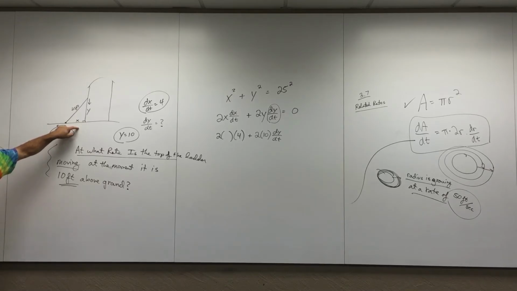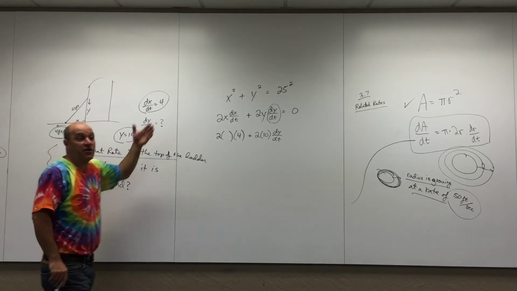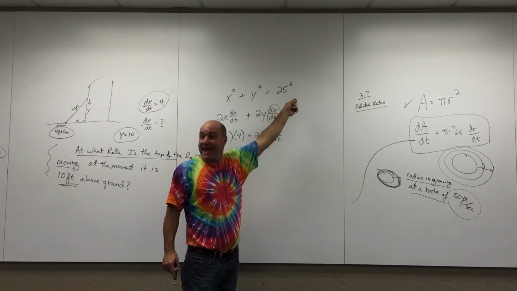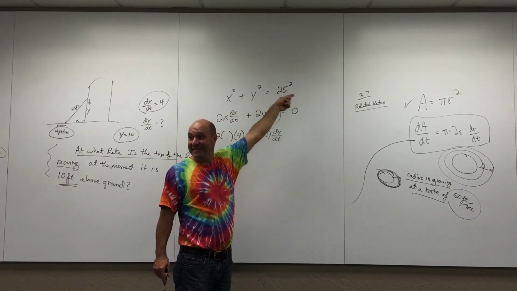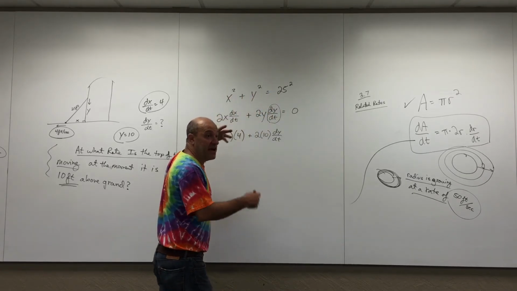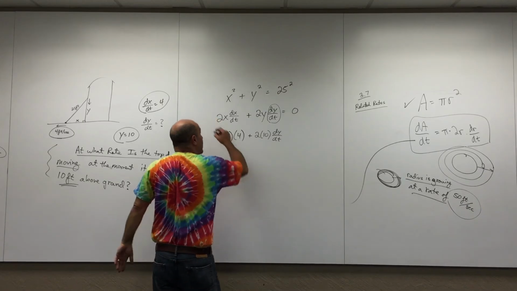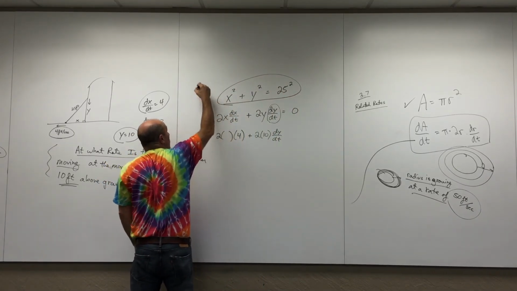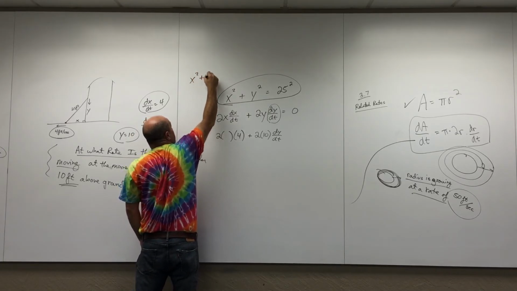Can I find x? Sometimes the original equation helps you. If y is 10, you can find x at that moment. So sometimes you need that original equation to get all the variables you need. Using the original equation, when y is 10, let's find x.